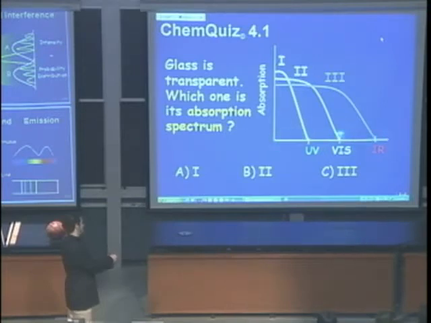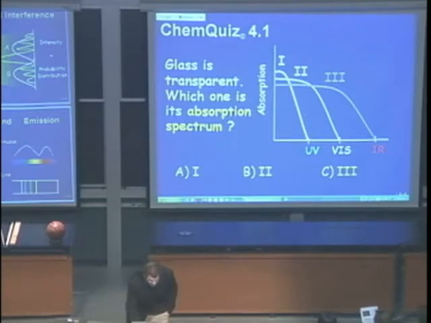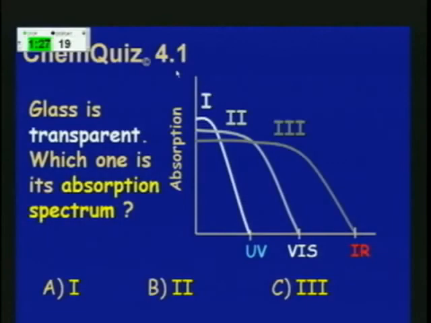UV is down here. Visible is in the middle here. This is the center of the visible, but it covers this range. And then IR is up here. So this whole area in here is visible. That's UV, and that's IR. Let's talk with our neighbors. Vote again here eventually. Let's see if we can come to some sort of strong consensus.